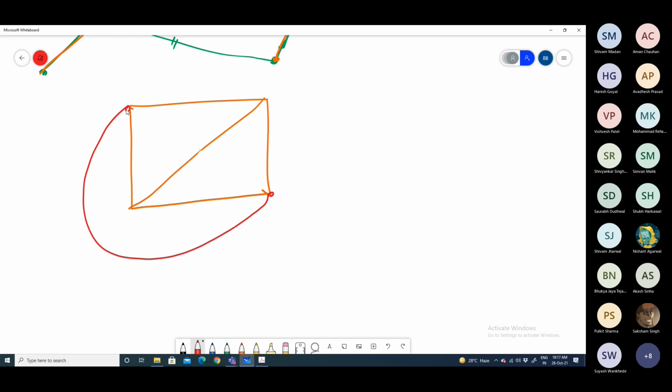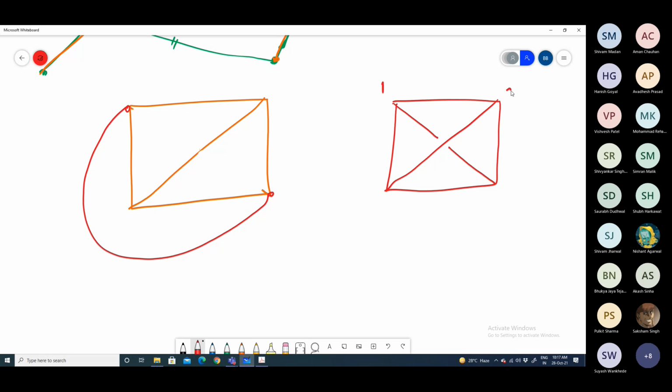So what does it mean, the planar graph? If you can draw that graph in a plane such that there is no intersection on the edges. So that is a planar graph. There is no difference between this and this, because graph is not a picture. So both are the same.